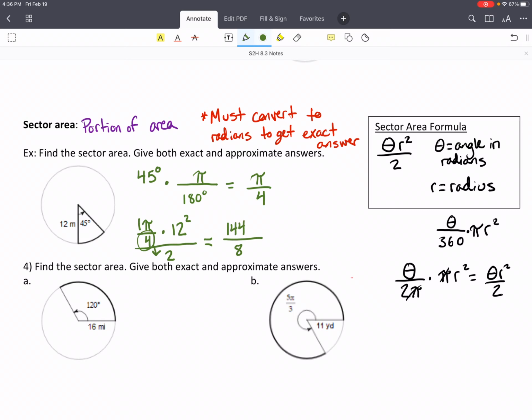So that simplifies to 144 pi over 8, and 144 over 8 is 18. Our units are going to be meters squared. Area is always in squared units. All right, that's it. If you have questions, let me know.